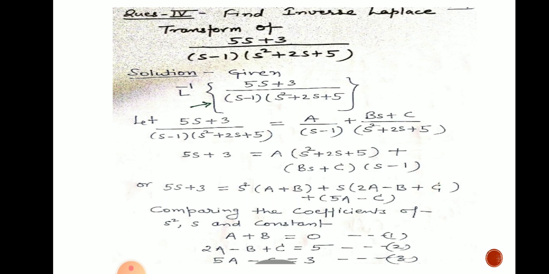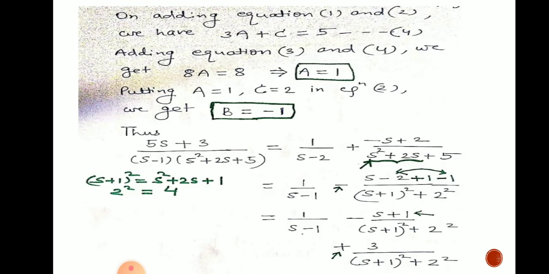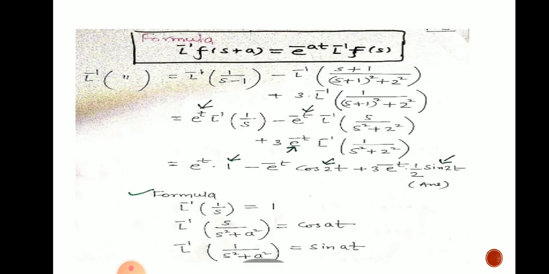After that, solving equations 1, 2, 3, we get A is equal to 1, B is equal to minus 1, C is equal to 2. It means we can write this term as 1 upon s minus 1 plus (minus s plus 2) upon s square plus 2s plus 5.